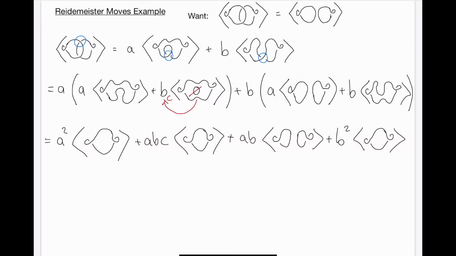So we can factorize by that. So we get here A squared from here, then B squared from here, and then ABC from here. Plus, well, ABC times this knot over here.